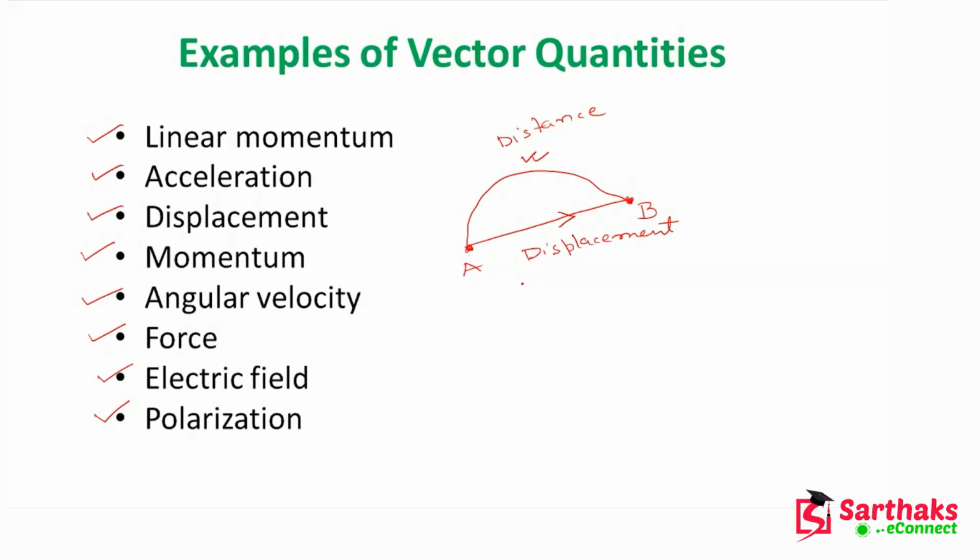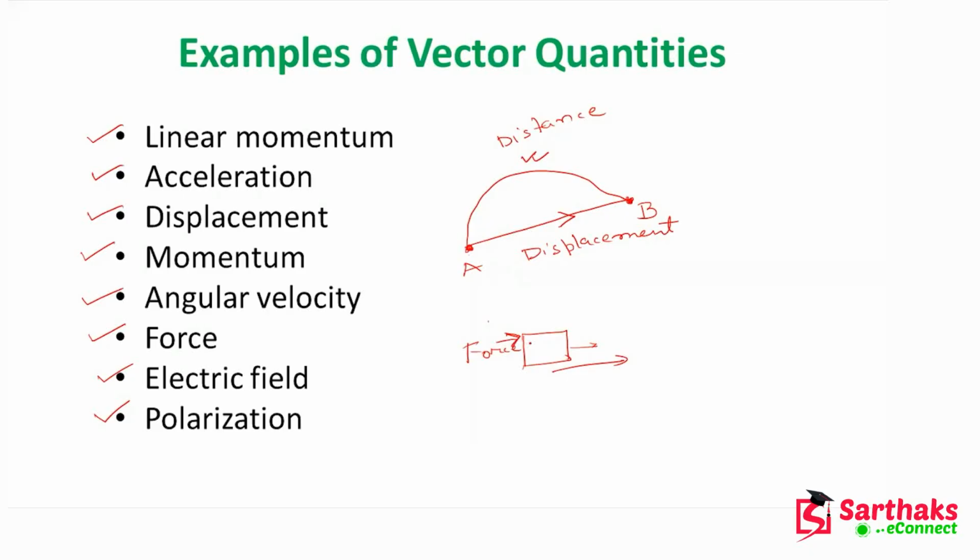Angular velocity, that is a vector quantity. Force: suppose I have some box and I have to give the force here to drag the box towards this position. So the force, whatever you are applying, will be in this direction.